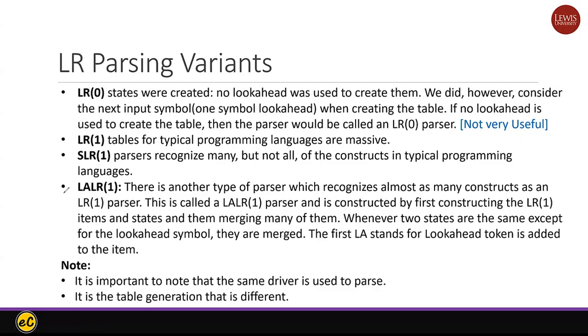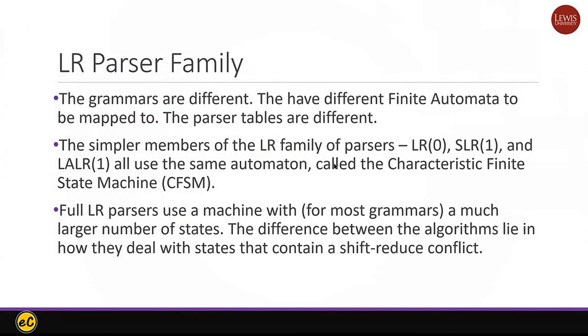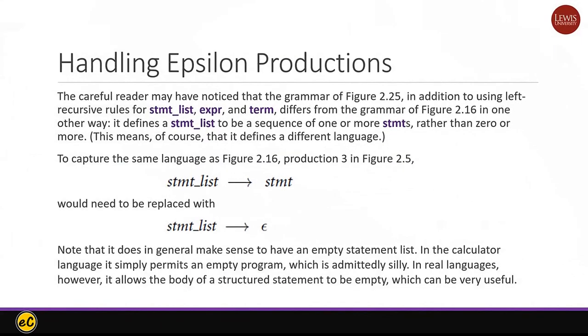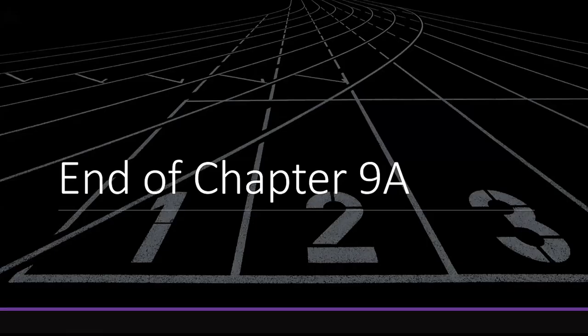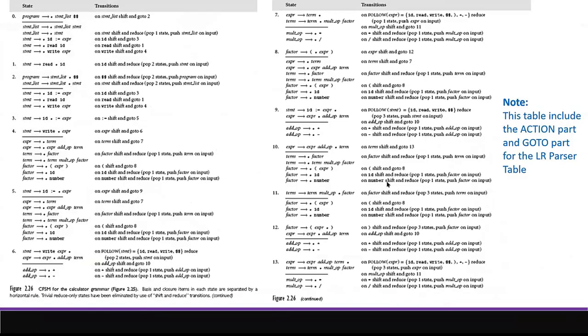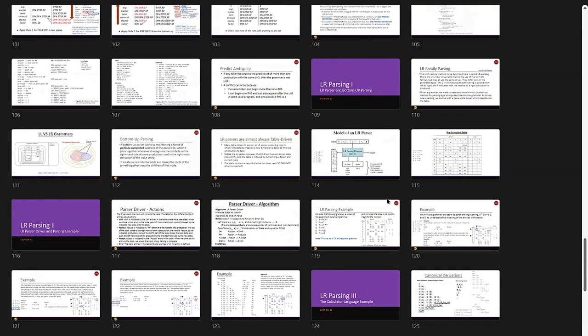Usually compilers use LR, SLR, or LALR parsers. These are the more popular ones for commercial use. Okay, there are certain rules, and we don't go into the details. This chapter basically teaches you how these LR and LL parsers are built, and we don't go into the detail again here.